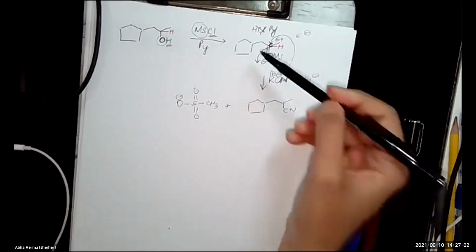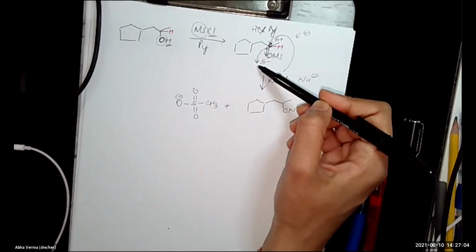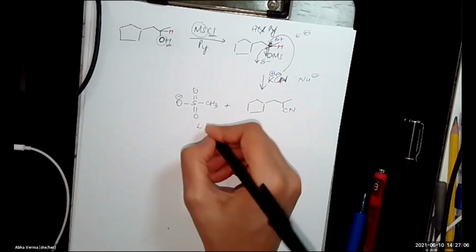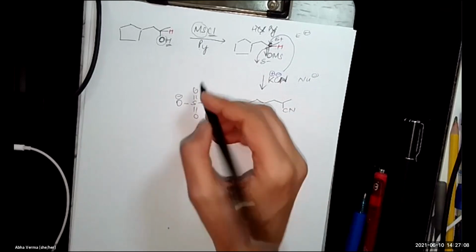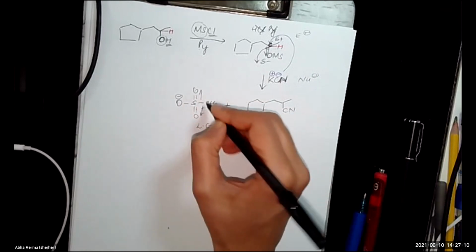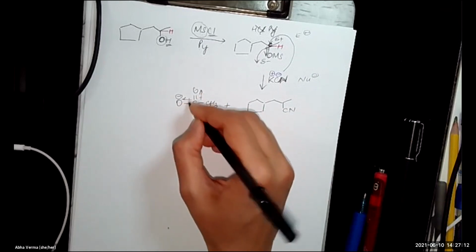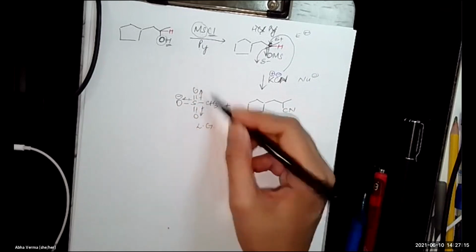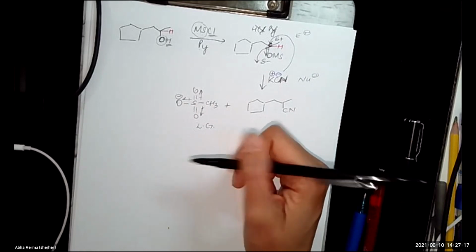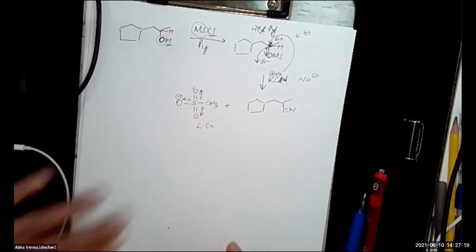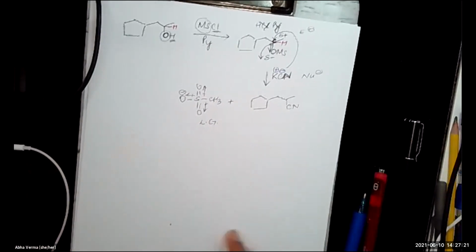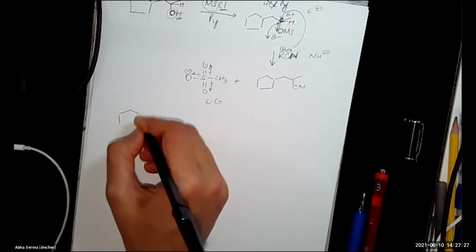This is the part when your leaving group leaves. And your leaving group is resonance and induction stabilized. So this is a very, very, very stable group, very weak group also.